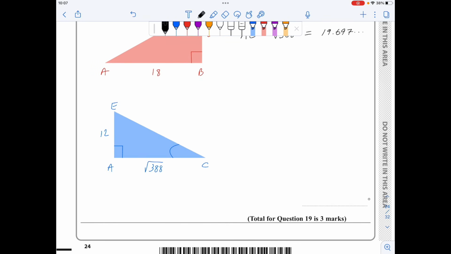To find angle C, I'll use the tan ratio. So tan C equals opposite over adjacent. So C is inverse tan of this number. Put this on the calculator. It's going to give you 31.4 to 1 decimal place.